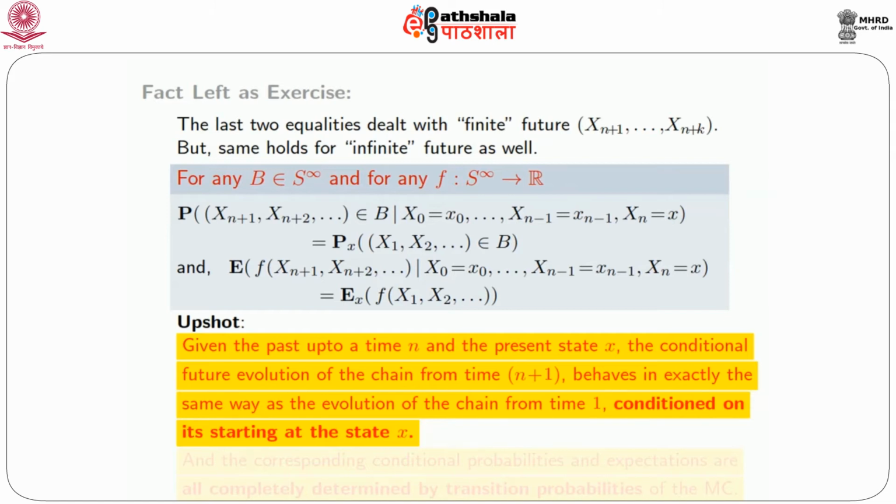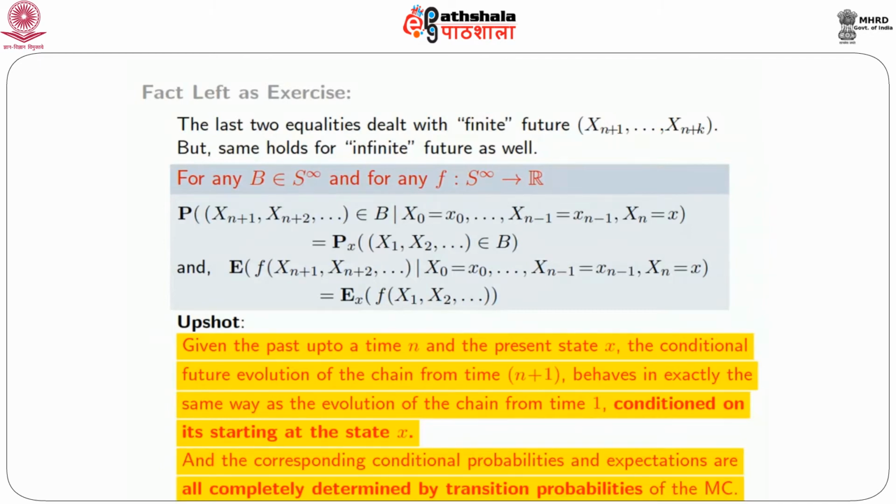Okay, anyway, the upshot of all this is that given the past history up to a time n and the present state x, the future conditional evolution of the chain is exactly, it's not just one step or two step, the entire evolution of the chain in the future, conditioned on the past up to time n, is exactly as if it's the original chain, except that it's conditioned on starting at x. And the corresponding conditional probabilities and expectations are all completely determined by the transition probabilities of the Markov chain.